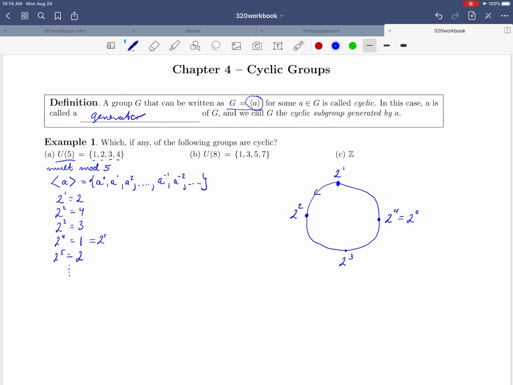So 2 to the 0 is also the same as 2 to the 4th, and so we are going around in a circle.